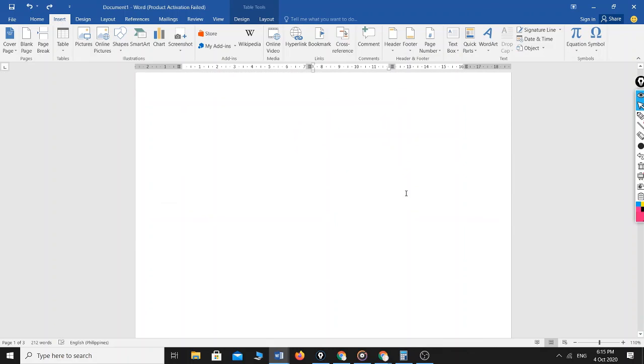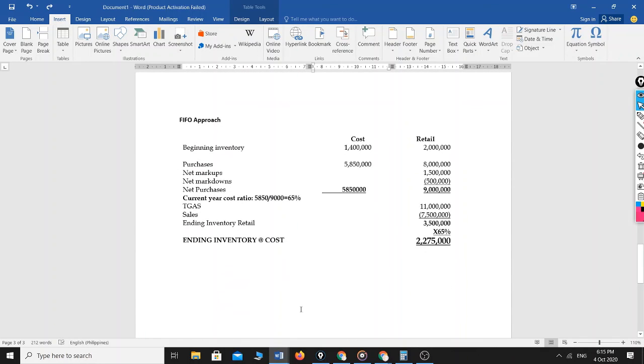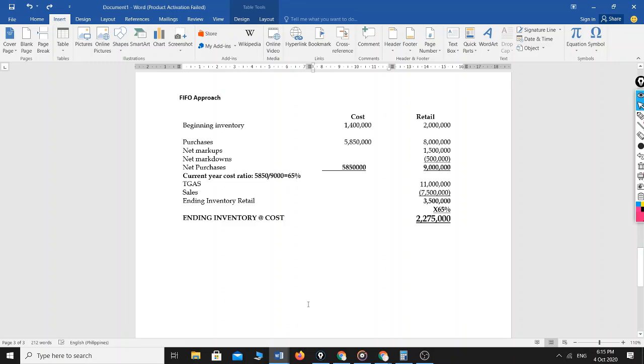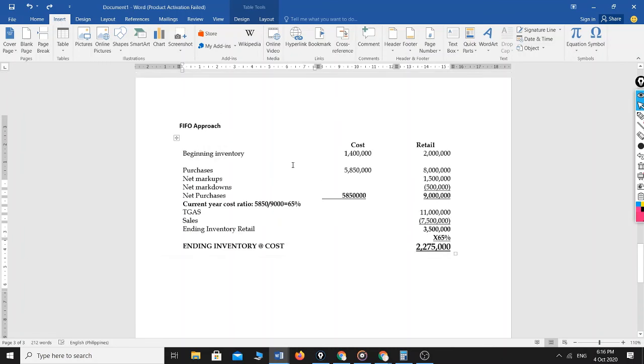While the FIFO approach does not consider the beginning inventory in computing the cost ratio, because accordingly the markup and markdown were on recent purchases, not on the beginning inventory. That's why in the FIFO approach, you only consider the purchases as of this year when you compute the cost ratio. So cost divided by the retail.